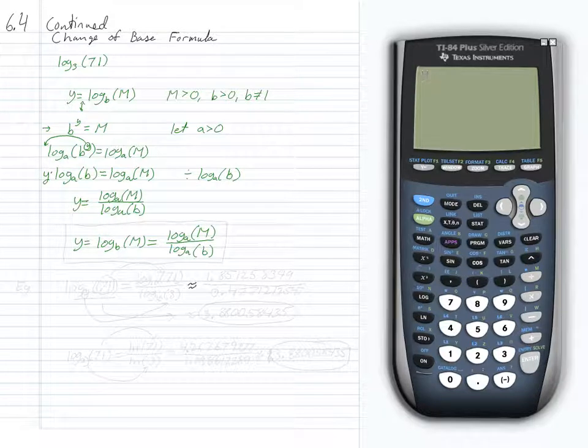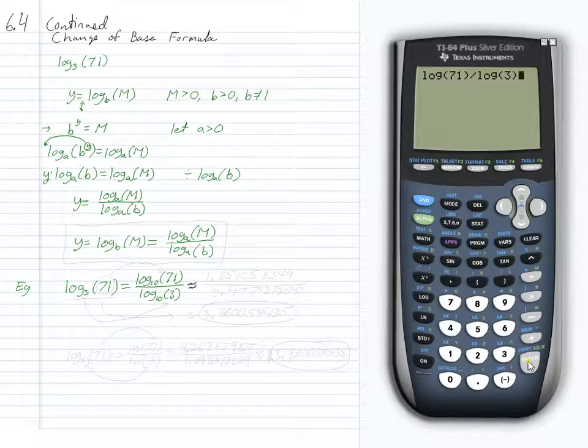So for example, we could convert the expression log base 3 of 71 into an expression involving logs base 10. And both parts of this ratio can be evaluated in the calculator.